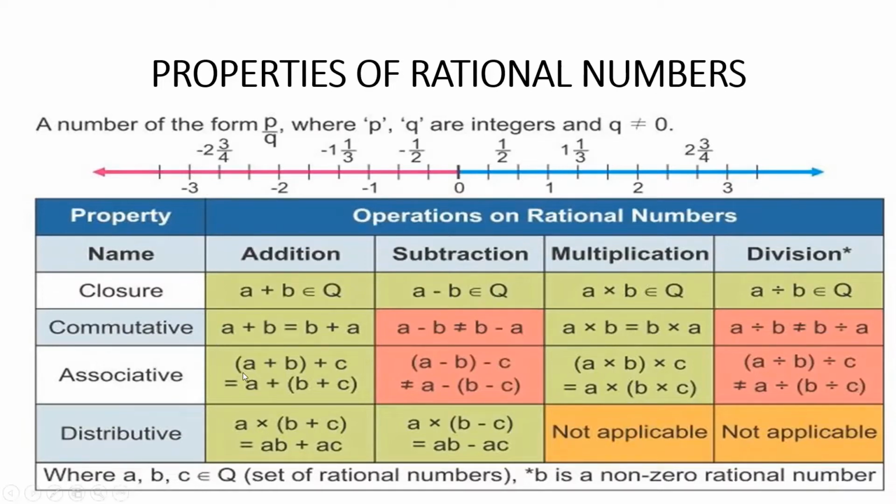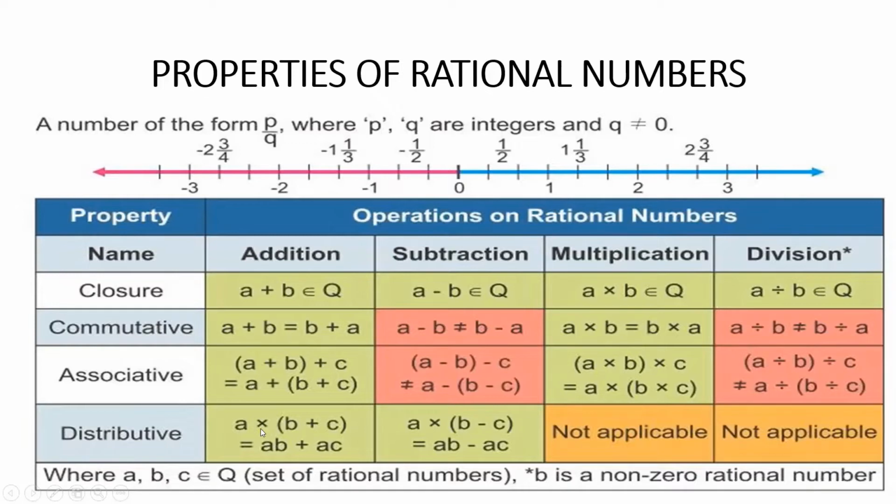Next, a plus (b plus c) is equal to (a plus b) plus c. Therefore, addition of two or more rational numbers is associative. Same way, multiplication of two or more rational numbers is also associative, while subtraction and division of rational numbers is not associative. Last one is distributive property.